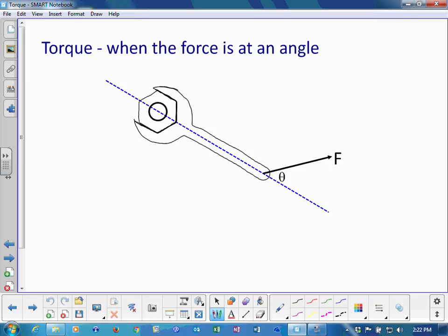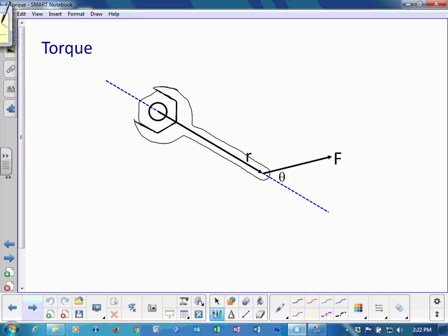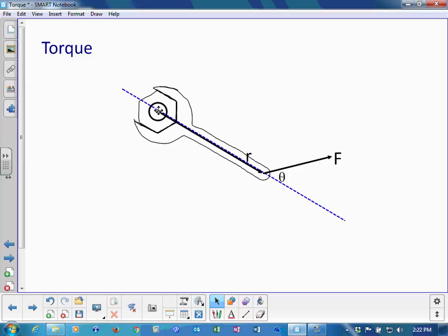Then we asked ourselves the question, well, this might get a little more complex when we have forces that are directed at an angle, where the position vector from the pivot point right here, that position vector, the line of action, would be at an angle to the force.